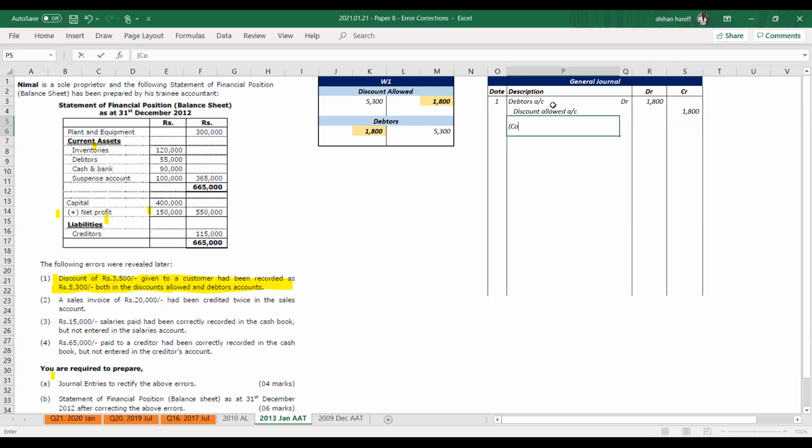Next, narration: correction of discount allowed 3,500 recorded as 5,300 in both accounts.